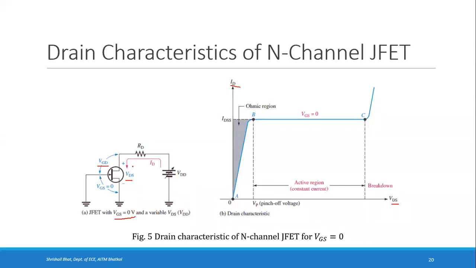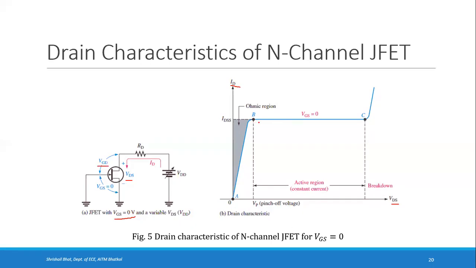As that increases, the resistance will increase, and the drain current, even though it is increasing, will be limited by the depletion region, and thereby by the resistance caused by the gate to drain reverse voltage. Because of that, the drain current at a certain point will become constant. The increase in ID is cancelled by the reverse voltage at the gate and drain, so the current becomes constant.